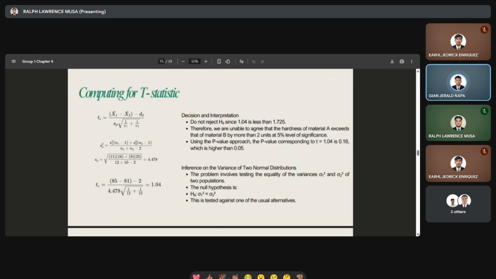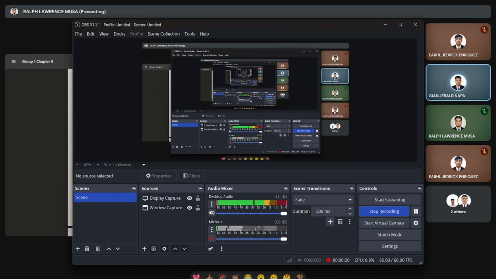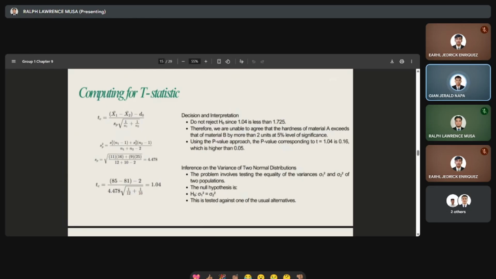So we have the sample size of the first sample, which is 12 subtracted by 1, so that's 11, times the standard deviation of the first sample, 4 squared, so that's 16.